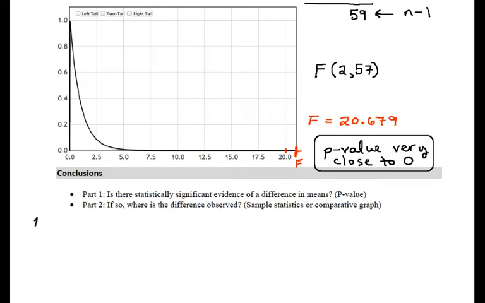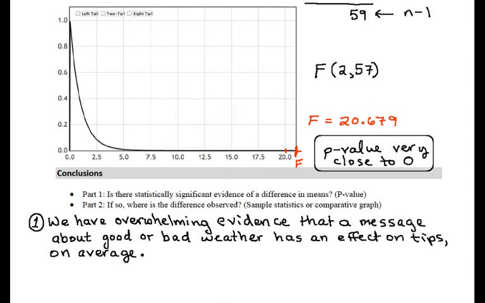So for part 1, we're going to say that we have overwhelming evidence of a difference in means in this context. So part 1 of our conclusion is that we have overwhelming evidence that a message about good or bad weather has an effect on tips on average. Note that because this is a randomized experiment, we can phrase this in a causal kind of language.